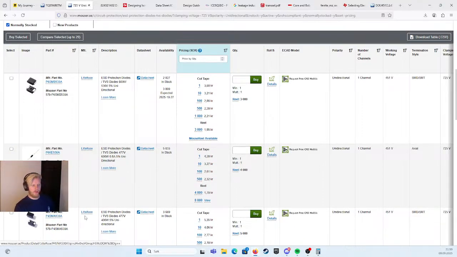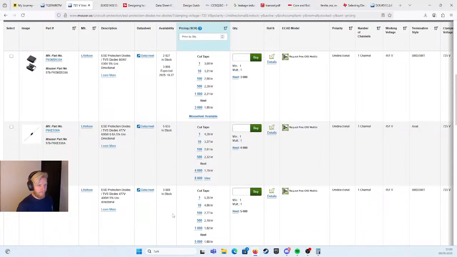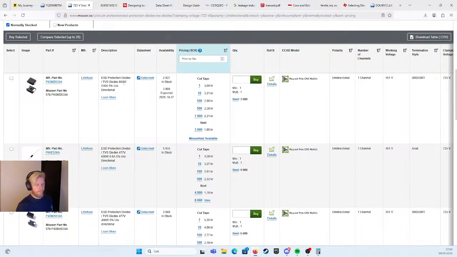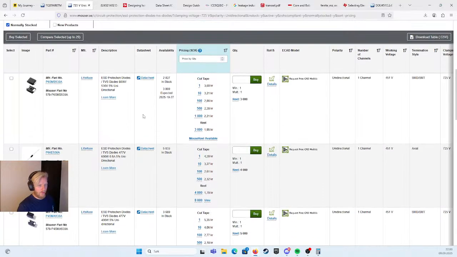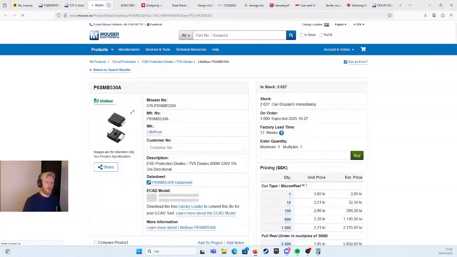So this is from Littelfuse. This is a 600 watt. This is a smaller one. Why is this one cheaper? Yeah, let's just select the cheaper one.